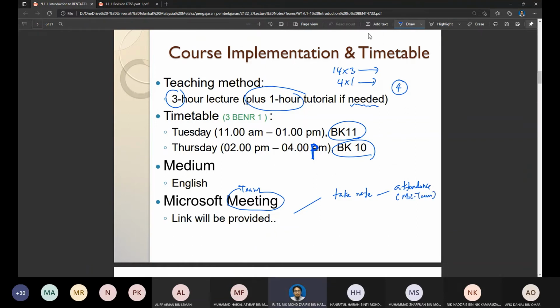Normally if the class starts from 11 to 1, the time allowed for students to fill up the form is until 1 p.m. Same goes for Thursday, until 4 p.m. Maybe I open it up plus minus 15 minutes. Later you can check via Microsoft Teams, whether it is an assignment or quiz, and you might be instructed to go to the Microsoft Form. So please do it for your attendance.